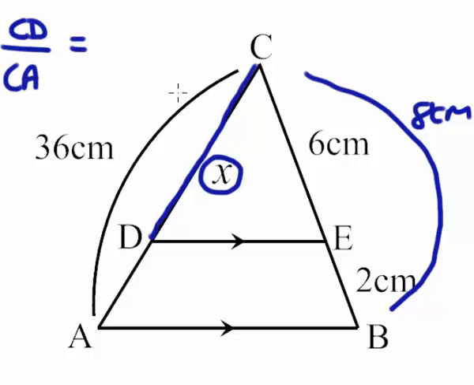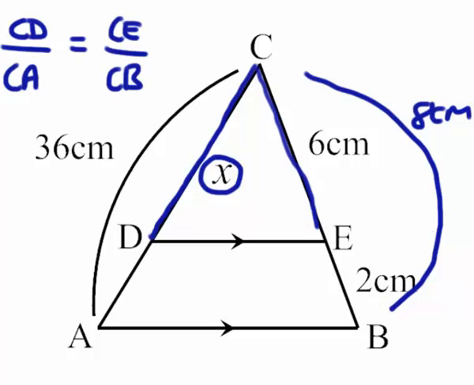Now follow the pattern. CD to CA is CE to CB. Look at that. CD, the x to the 36, is 6 to the 8. The short side CD over the long CA is going to be that side over the long one there.